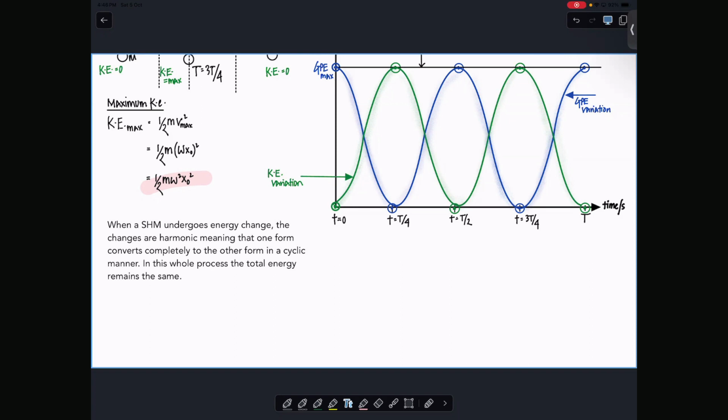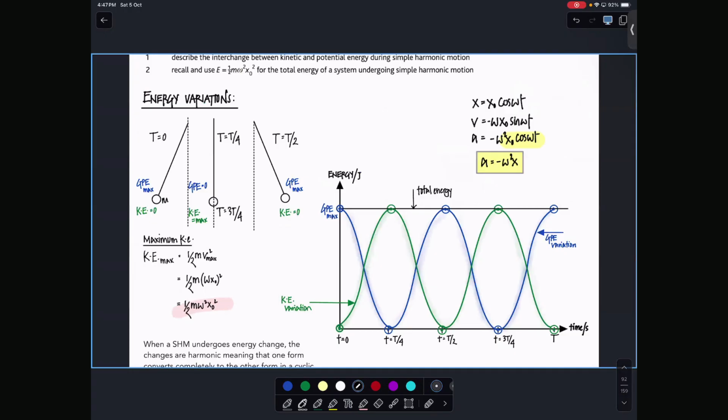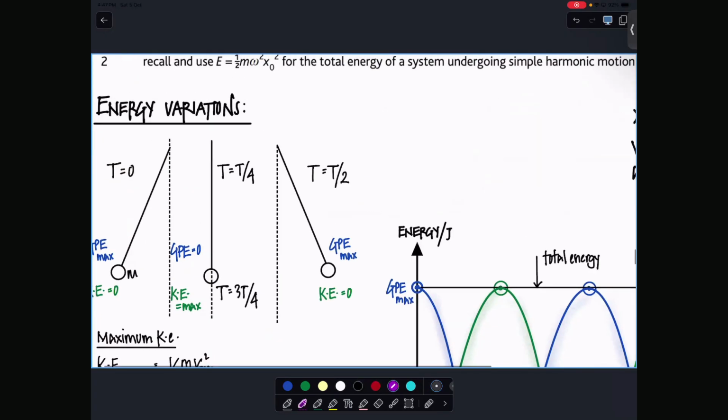Done? Okay, so there's one more graph and then we can wrap up the topic. This graph that I'm going to do right now is with respect to displacement. So put a heading somewhere, because there are two graphs and students get confused. The first graph I've done here is energy versus time. So we did a time graph here.